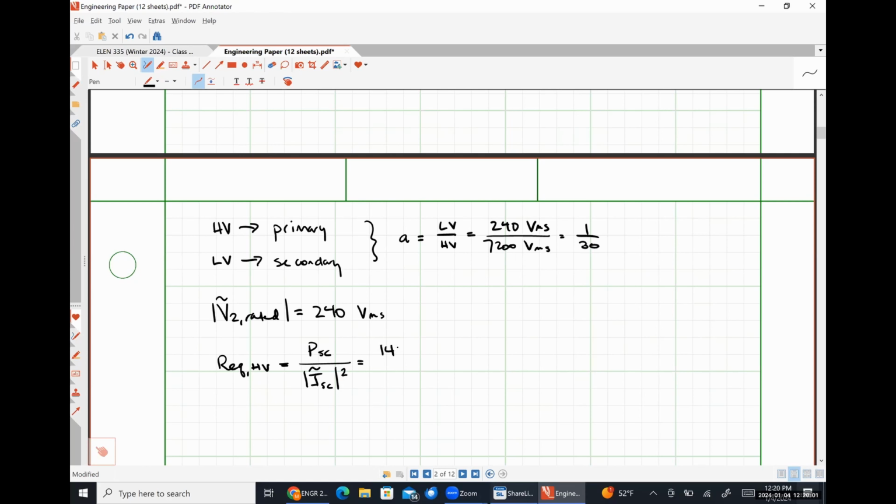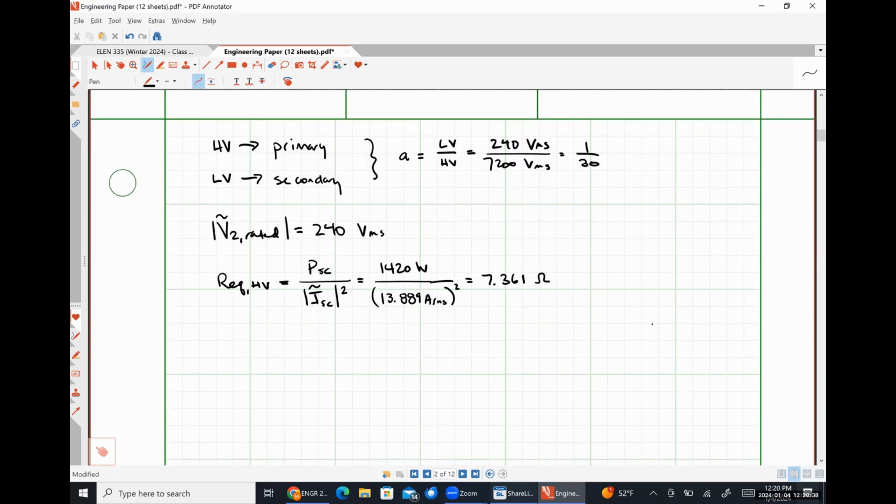So this is going to be 1,420 watts divided by 13.889 amperes RMS squared. And this comes out to be 7.361 ohms. This is the resistance referred to the high voltage side.